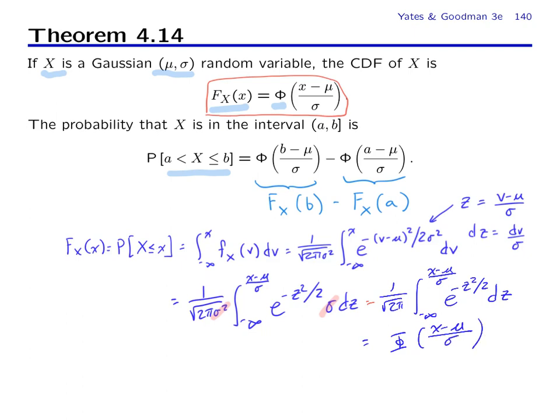So we have a proof of the theorem, but in fact something more general is actually happening here. What's happening is that if x is Gaussian, then z, which is equal to x minus mu over sigma, is also Gaussian.